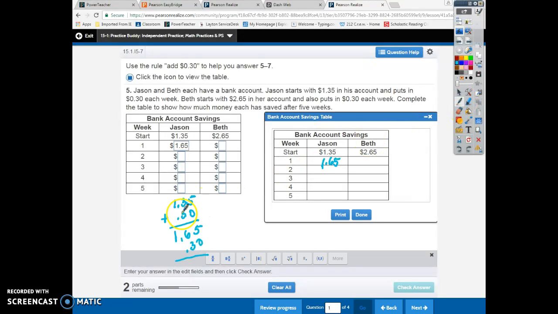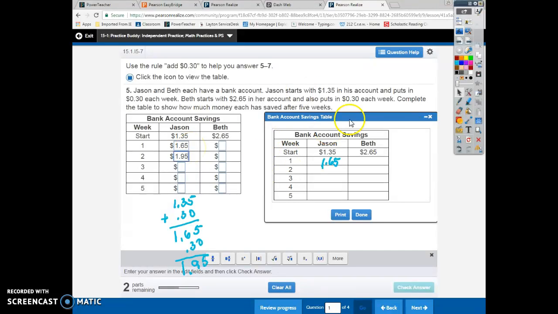And we go back to that and we add 30 cents. That's a 5 here. 6 and 3 is 9. Decimal point down and my 1. So after week 2, it's $1.95.